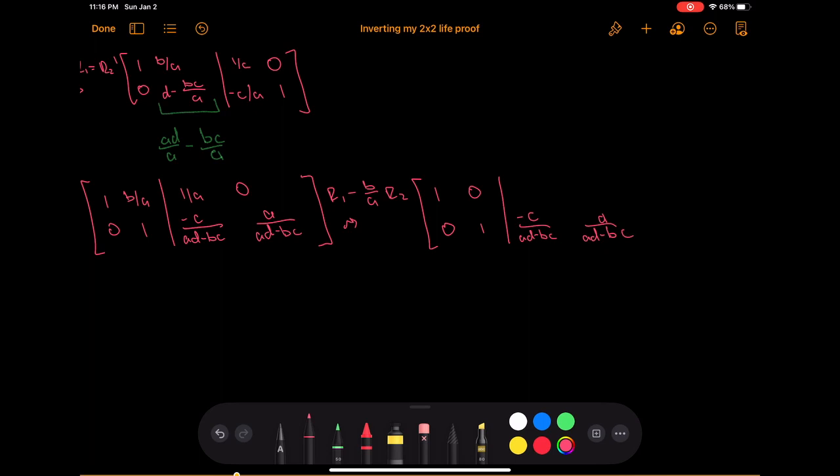For the first row on the right side, let's see, so negative B over A times the second row.